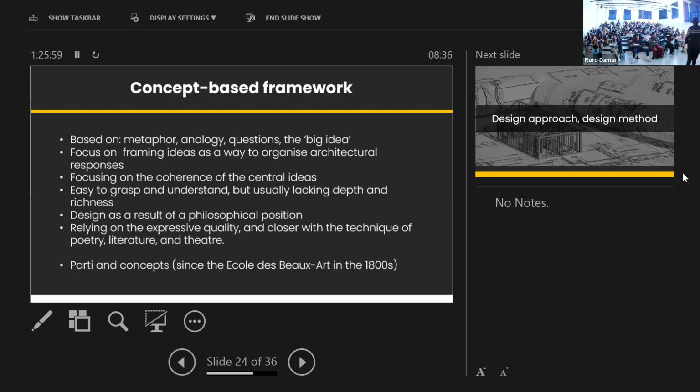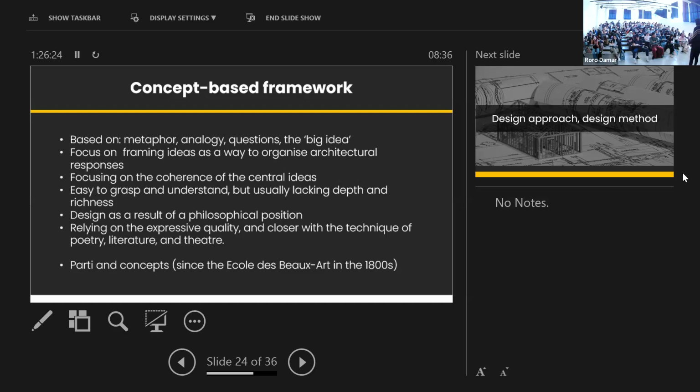It's still okay to do this. But then if you move higher, they will ask you for the justification of your design. And using this concept is a bit difficult to be justified. Design as a result of philosophical position, relying on the expressive quality, and closer to the technique of poetry, literature, and theater. Yeah.